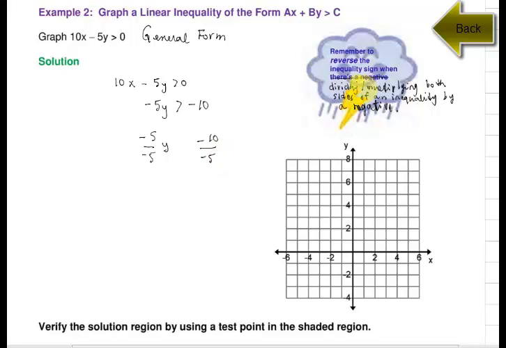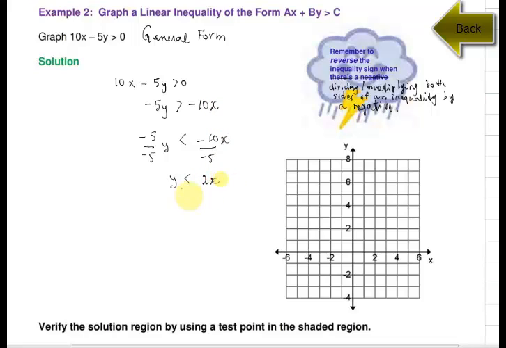So just remember something that you learned from grade 9: reverse the inequality sign when dividing or multiplying both sides of an inequality by a negative. And that's what we're doing. So our greater than sign is now going to become less than, and so what we are left with is that y is less than, oh, this should be x, shouldn't it? 2x.